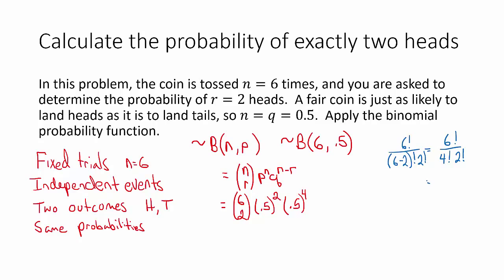If you've never broken one of these down before, the 6 factorial is 6 times 5 times 4 times 3 times 2 times 1. Our 4 factorial is 4 times 3 times 2 times 1, and our 2 factorial is 2 times 1. So my 4 factorial and a big chunk of my 6 factorial divide to give me 1. Now all I'm left with is 6 times 5 divided by 2, or 15.